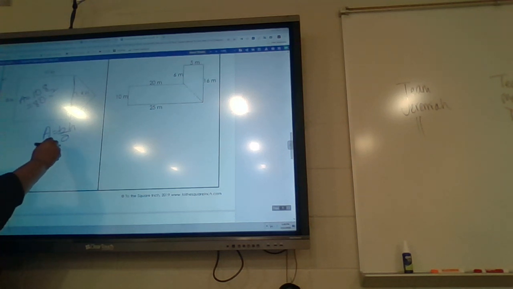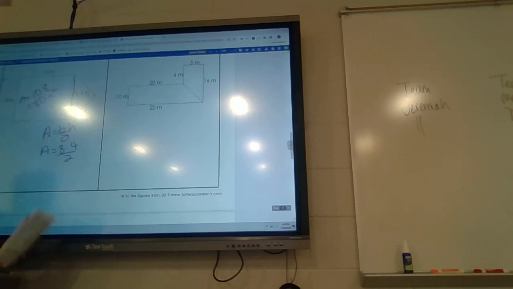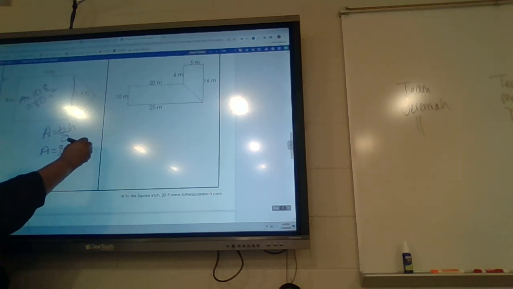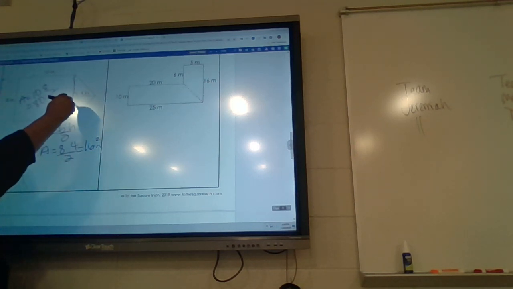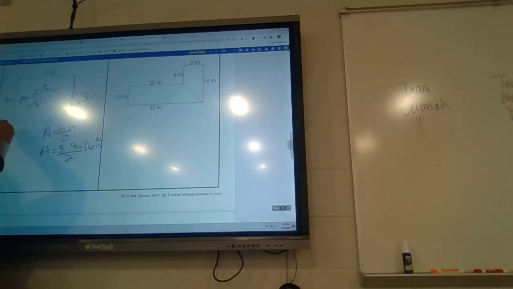So area equals 8 times 4 divided by 2. And 32 divided by 2 is 16 inches squared. So I'm going to add those together. 80 plus 16 is 96 inches squared. Now I'm going to circle it so the teacher can easily grade it.